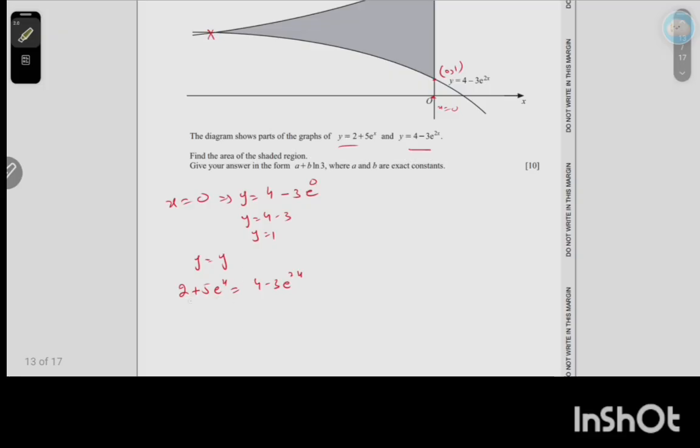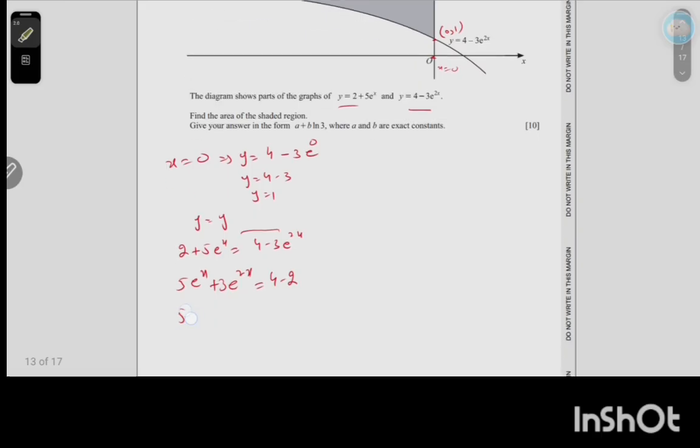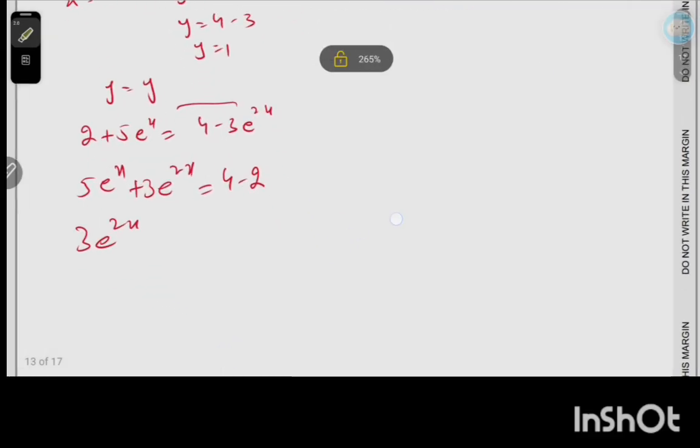Now we have to solve this one: 3 e power 2x plus 5 e power x equals 4 minus 2. First the greater power, 3 e power 2x, and plus 5 e power x, and 4 minus 2 is 2, so it will be negative: 3 e power 2x plus 5 e power x minus 2 equals 0.